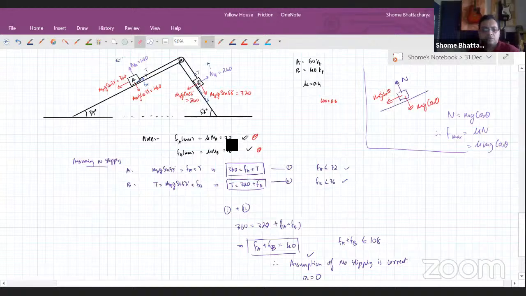Just a minute. The values here are probably wrong. Just let me check. So the maximum friction is 480 into 0.4. So that is going to be equal to how much now?